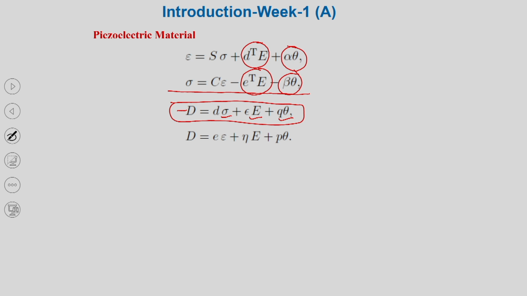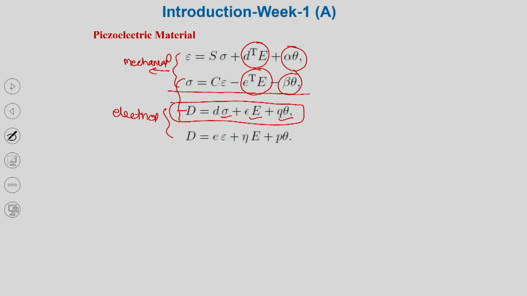So, when we are interested in developing a set of solutions for, let us say, a piezoelectric material, you have to take care of the mechanical constitutive relations and electrical also. So, these are the two, or if we talk about this system, two new sets of equations will come into the picture.